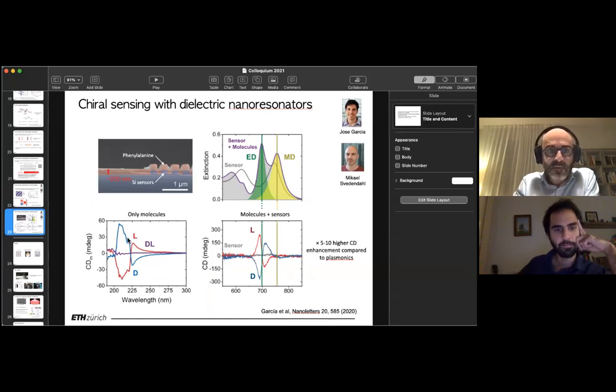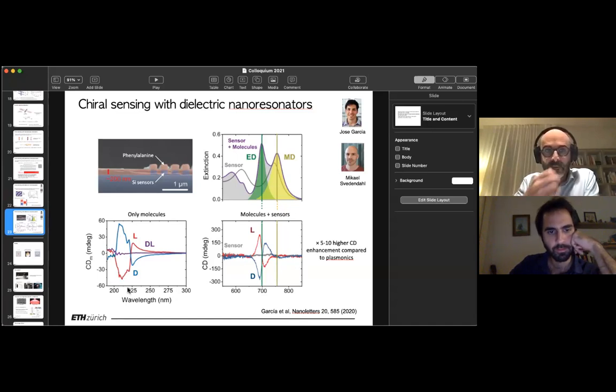Yeah, you can see it. So in a conventional CD experiment, you're going to see this dip and this peak in the UV region. What I was trying to say is the combination of the very, very tiny chirality, because basically there is a tail here, and these tails go all the way to 700, 800, okay?